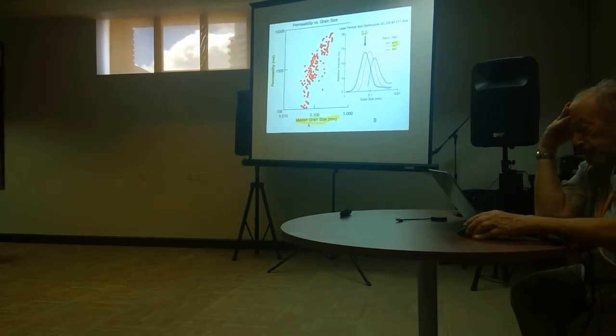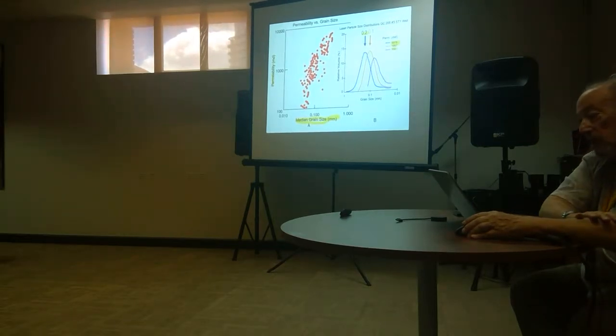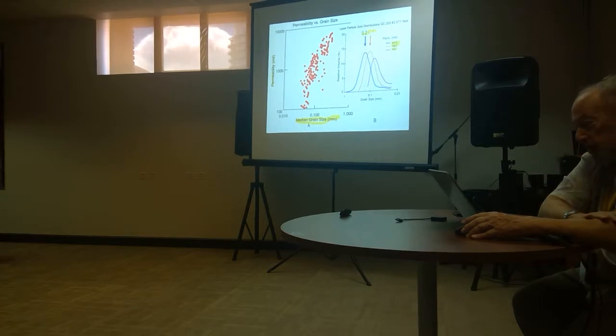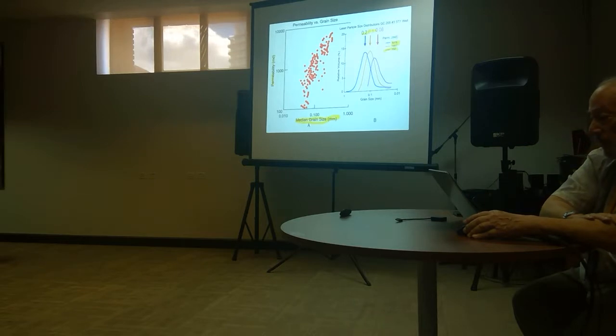The middle one here, where you had the permeability of 1,957 millidarcies, the medium grain size there is fine grain sand, 0.1 millimeter in diameter. And the third one, the purple one here, that had only 102 millidarcies perm, it had the smallest grain size, very fine sand, 0.08 millimeters diameter.